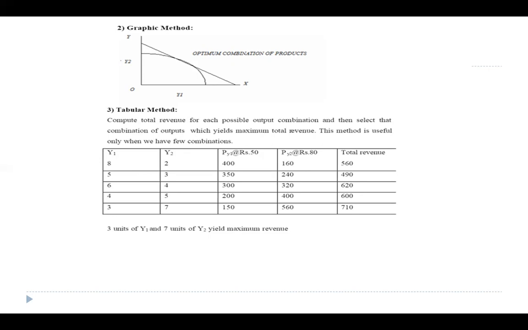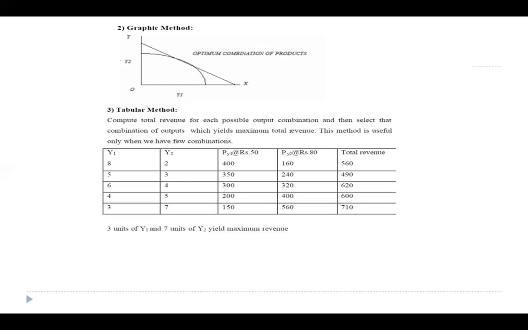By taking the price of Y2 on OY axis and price of Y1 on OX axis, you draw price line. So this is the graphical method, and another concept is also important in graphical method that we continue on next slide. Before that, we see tabular method.